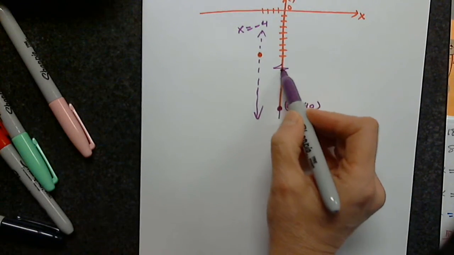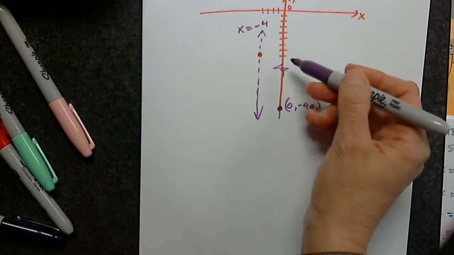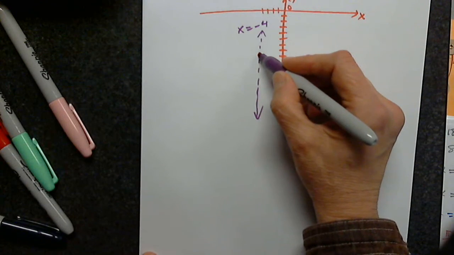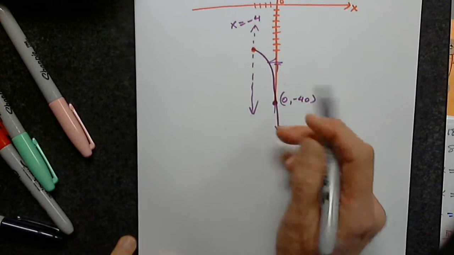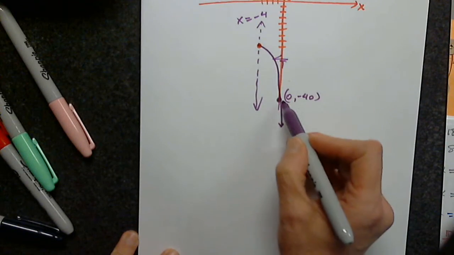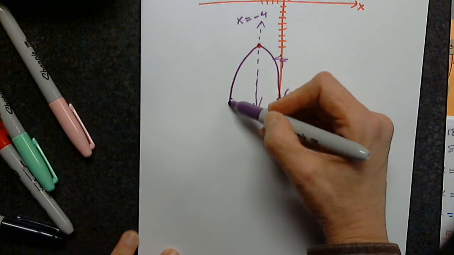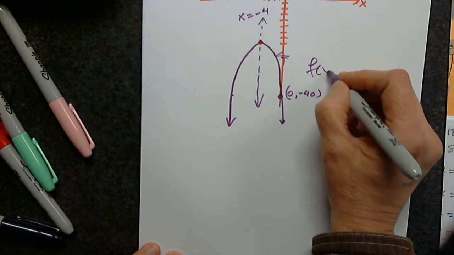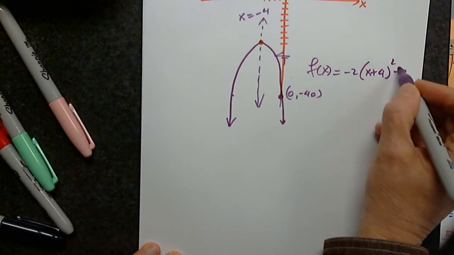I'm going to have a break in the y-axis here, because this is negative 8. This is definitely not negative 40. So bear with me, and I will graph this side, trying to make it as symmetric as possible on this side. So this is the graph of f of x equals negative 2 times x plus 4 squared minus 8.